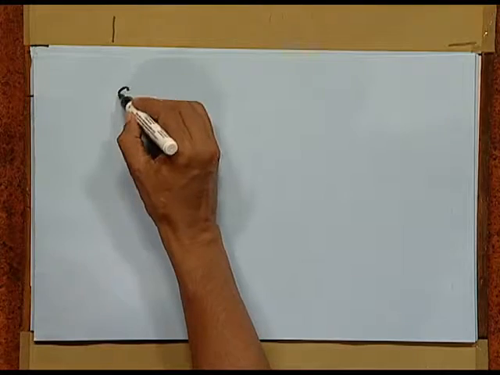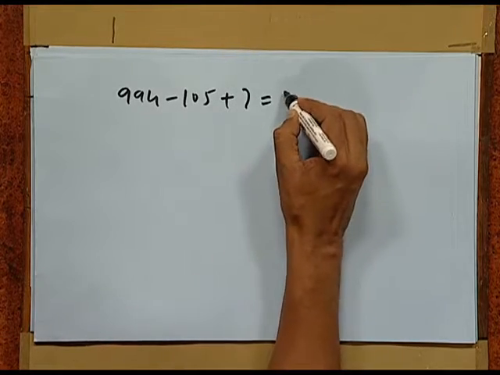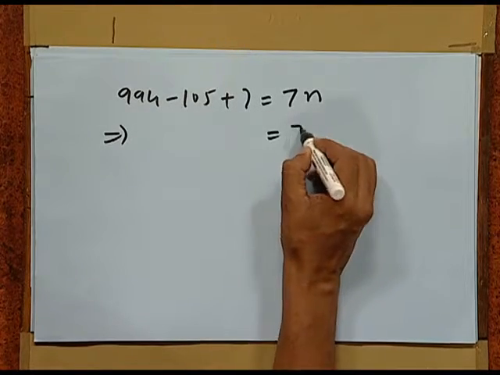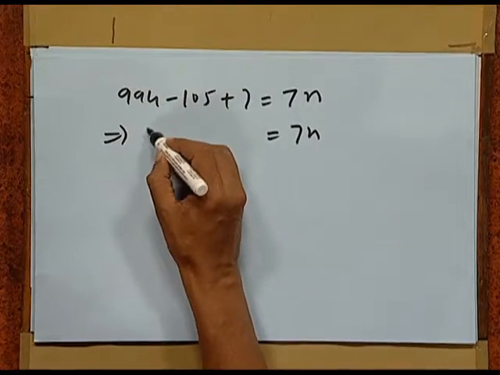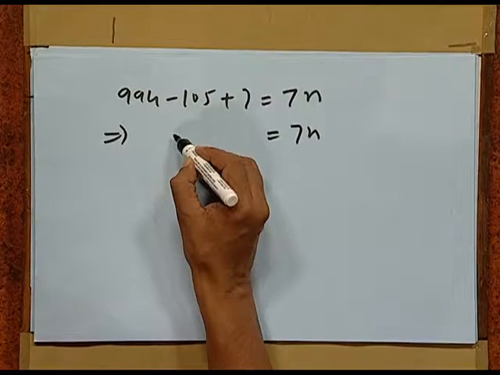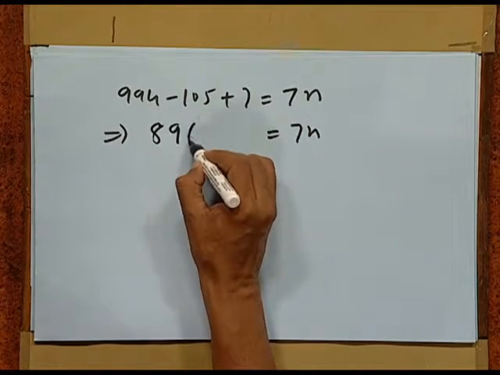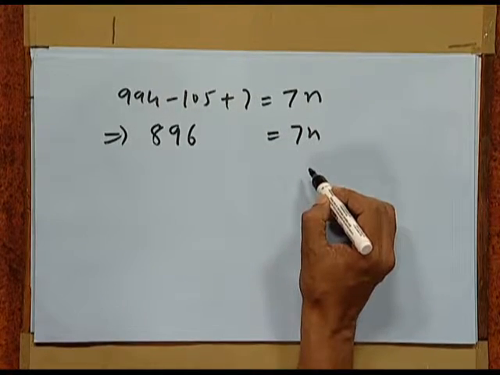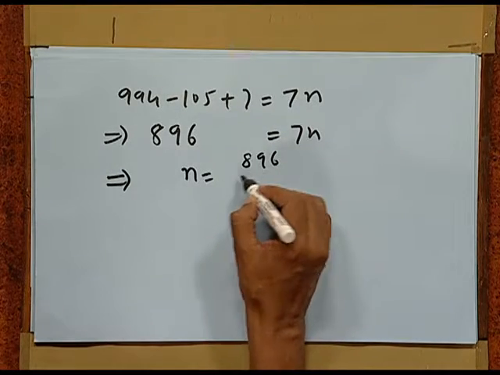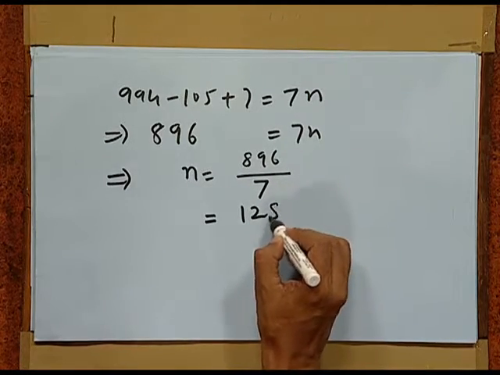We have 994 minus 105 plus 7 is equal to 7n. That gives 7n equal to 994 minus 105, that is 889, plus 7, 896, which implies n equals 896 upon 7, which makes it 128.